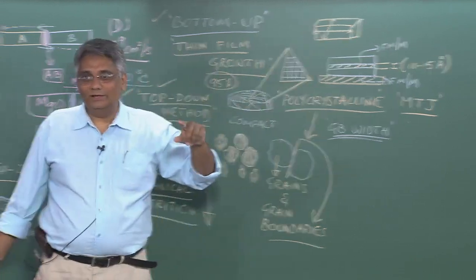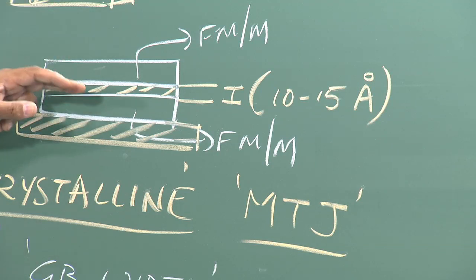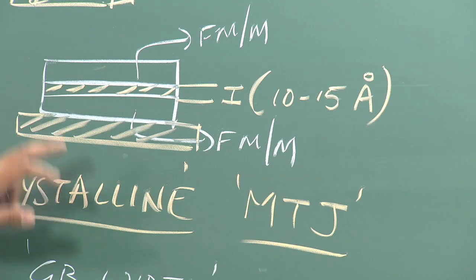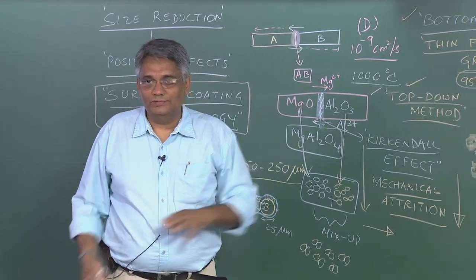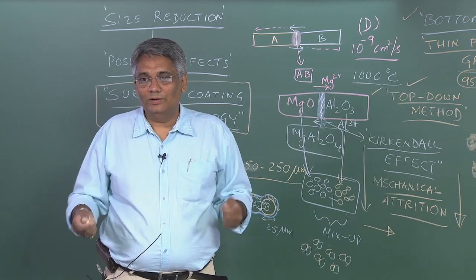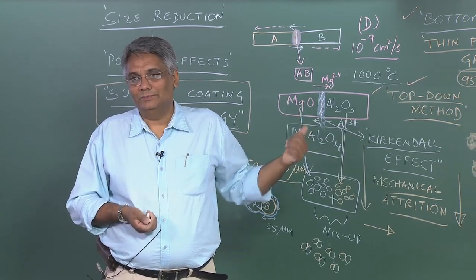I grow a single layer here, then the intermediate layer and the top layer. And I also mentioned that in order to grow high quality thin film layers with these dimensions, the surface quality has to be very good. So, you need extremely smooth surfaces. You do not require corrugated surfaces in such applications.